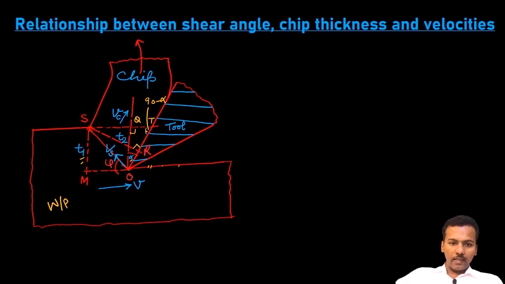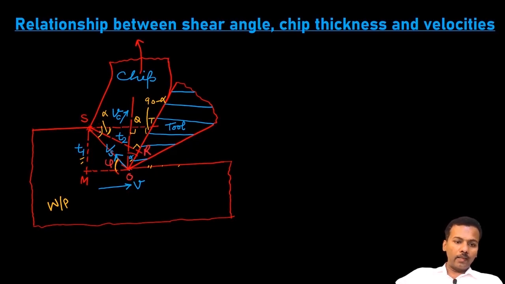When this angle is 90 minus alpha, the magnitude of this angle will be alpha. If this is the phi angle, the shear angle, and line ST is parallel to OM, then phi will be equal to the angle TSO.